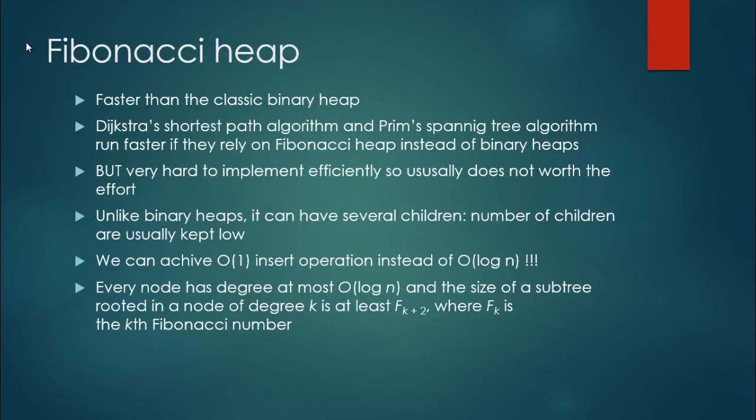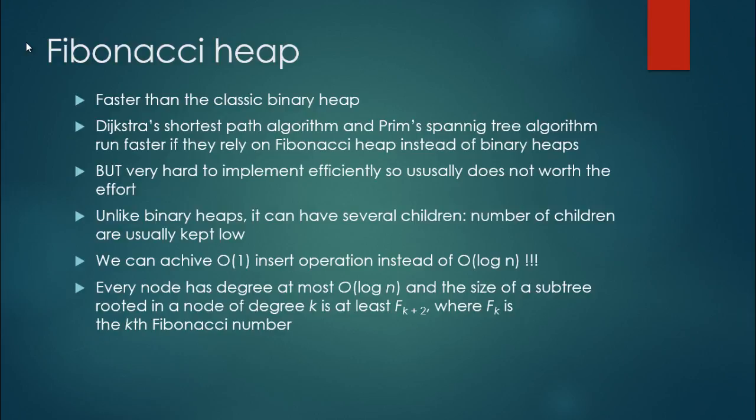And the Fibonacci heap is faster than the classic binary heap. Dijkstra's shortest path algorithm and Prim's spanning tree algorithm run faster if they rely on Fibonacci heap instead of binary heaps. But it's very hard to implement efficiently, so usually it's not worth the effort. Unlike binary heaps, it can have several children.